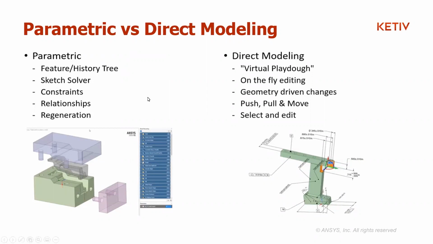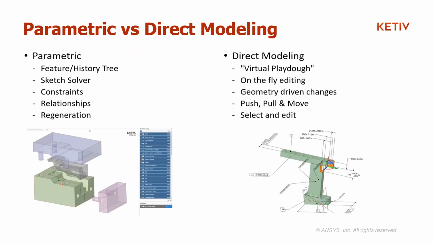Now, on the left, you see the features associated with parametric modeling. Typically, it is also known as feature-based tracking or history tree tracking modeling. This is very familiar to you if you use, for example, Design Modeler for pre-processing your geometry before a simulation today, or whichever native CAD platform that you might be using.